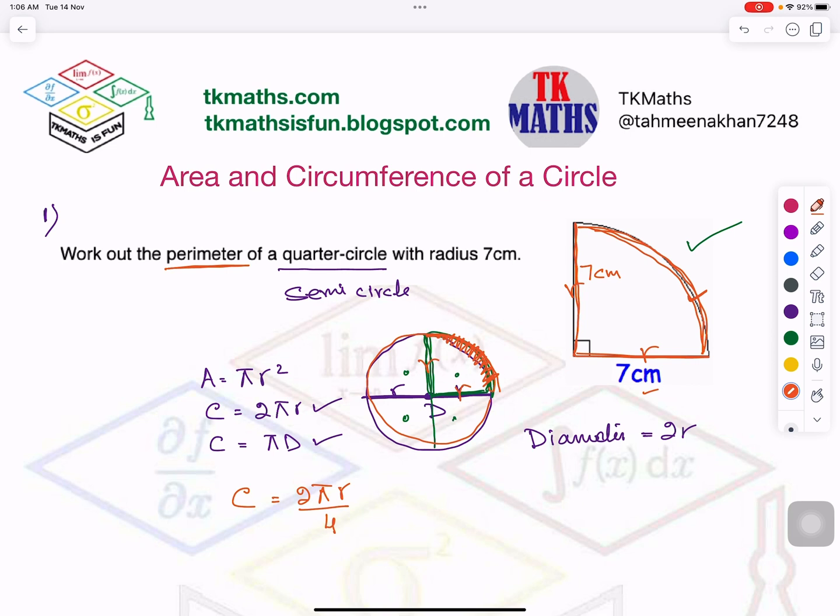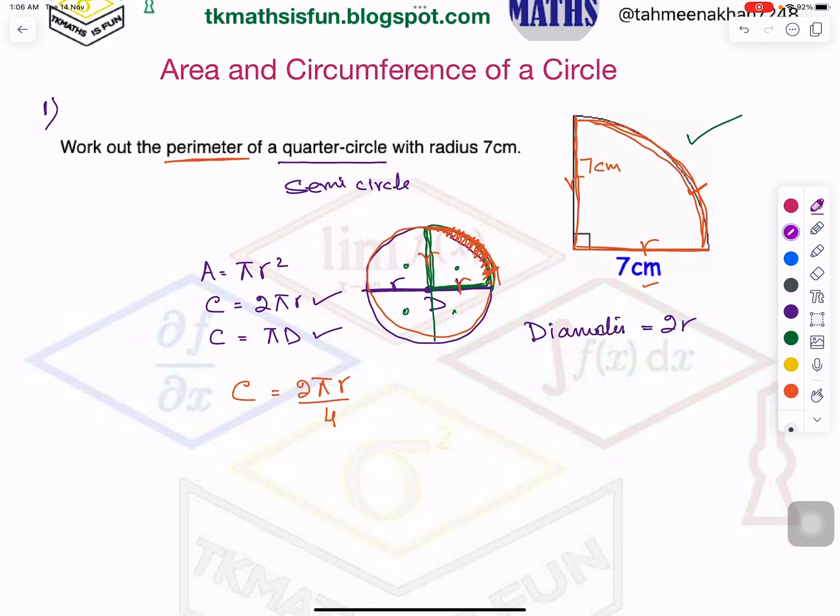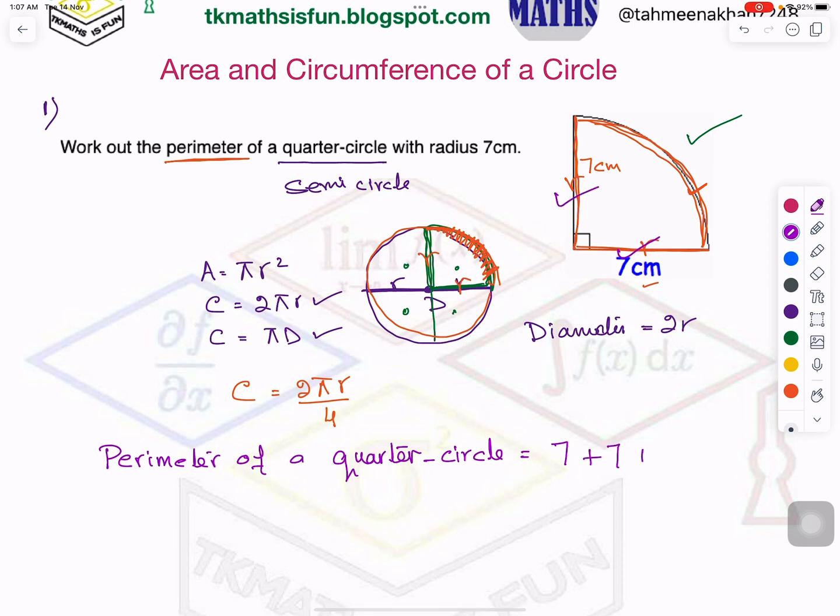So let's do it here. If I have to find out the perimeter of a quarter circle, what will I add up? 7 because of this side, plus 7 because of this side, plus this portion, which is 1/4 of the circumference.